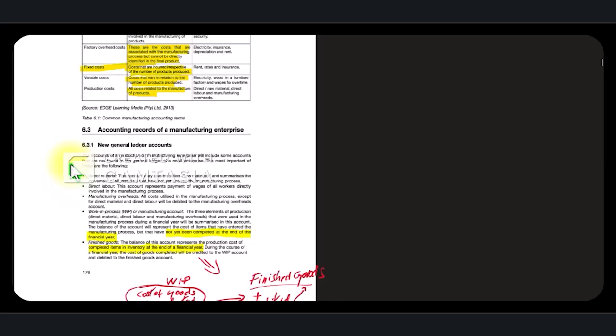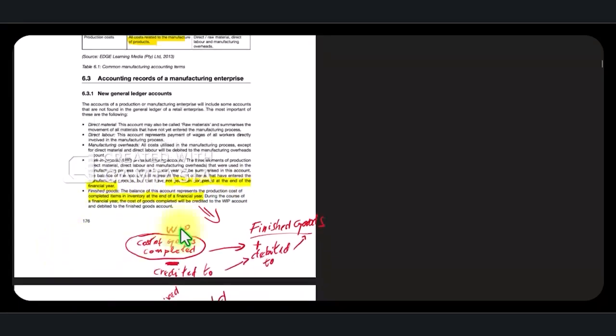As I'm pointing here, the work in process account will precede the finished goods. Obviously, if you do recall your economics module, you would recall there is input to the production as well as the actual transformation or production, and the finished product are the outputs.